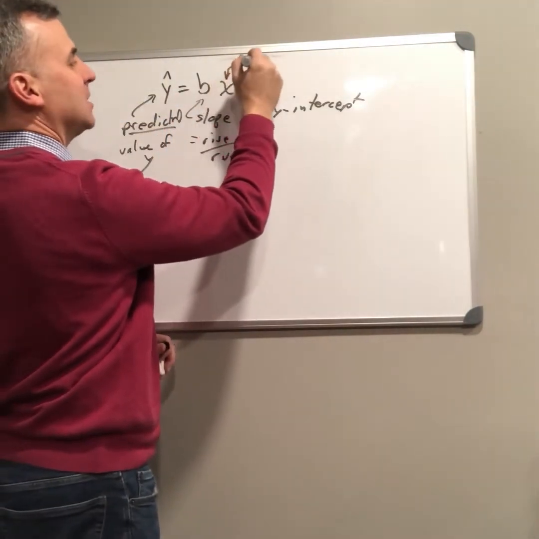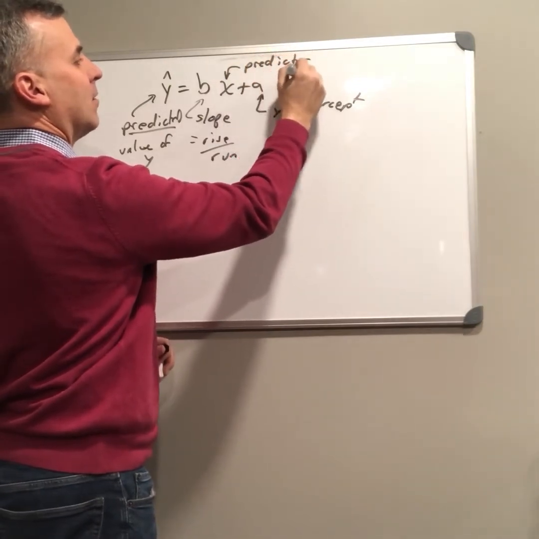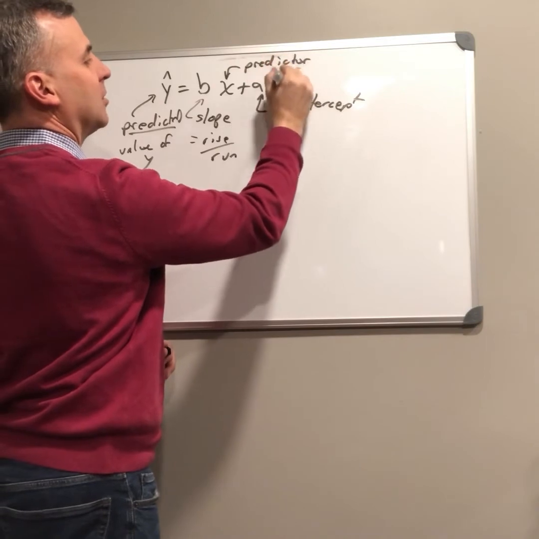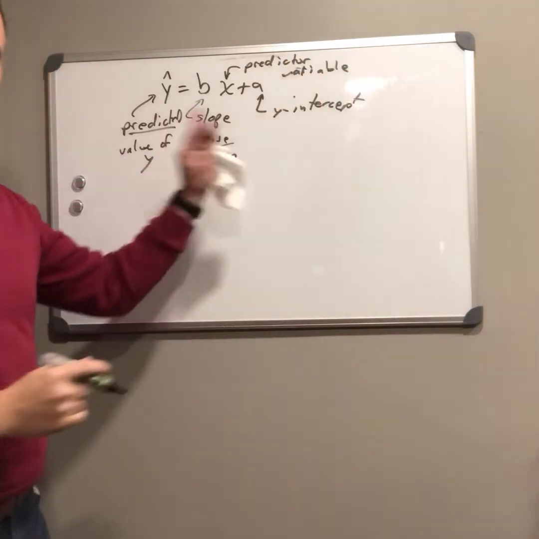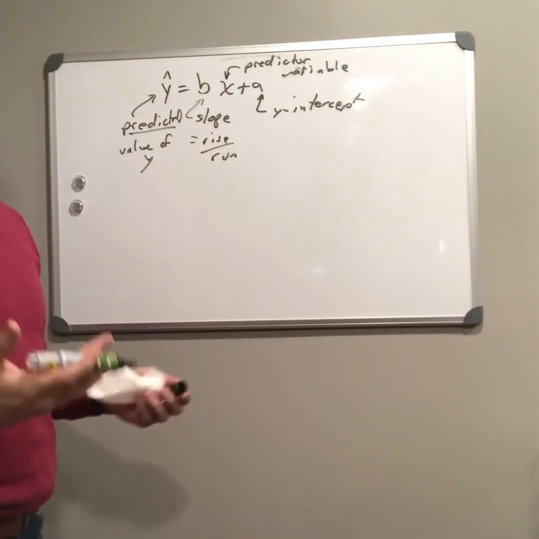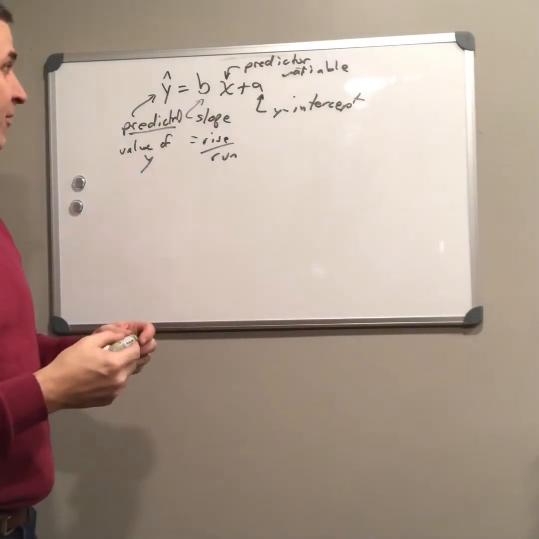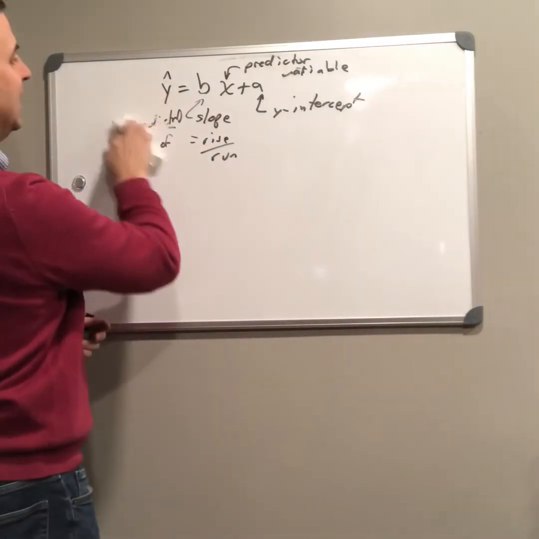And x, of course, is my predictor variable. So for any given value of x, I can predict an expected or an estimate or a predicted value of y. But how do we interpret this in life?